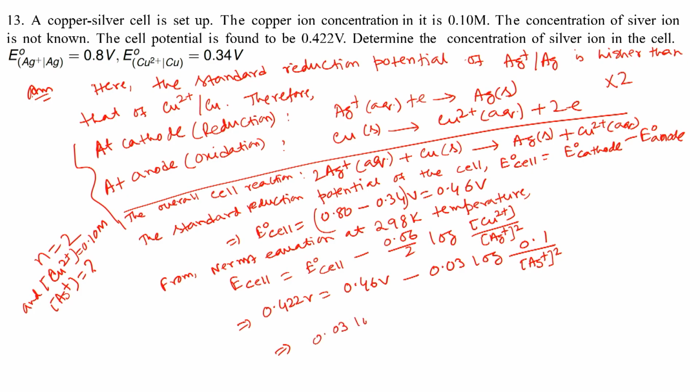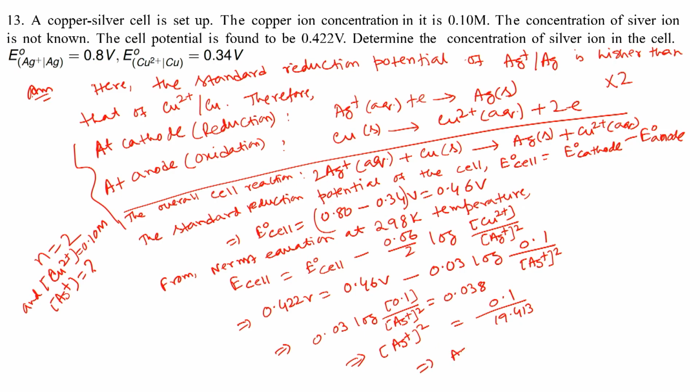Taking the whole thing to the other side, we get 0.038. If we calculate this, we get concentration of Ag+ raised to the 2 as 0.1 by 19.413.